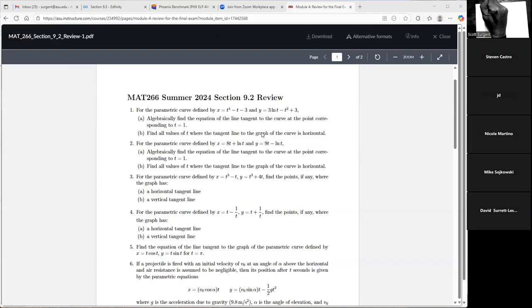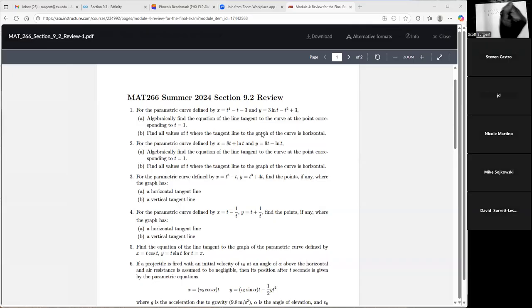So this is x is t to the 4, take away t, take away 3. Y is 3 natural log t. And I'm assuming that the remaining stuff is outside of the ln. That's not actually clear.